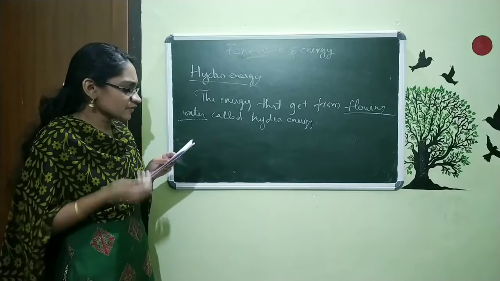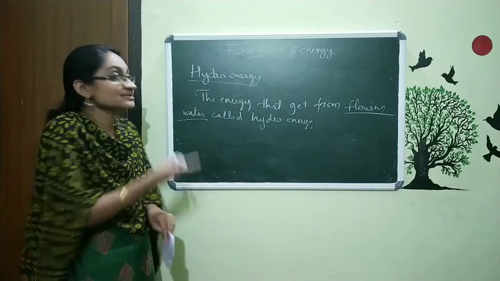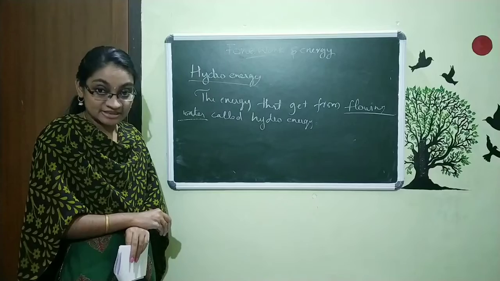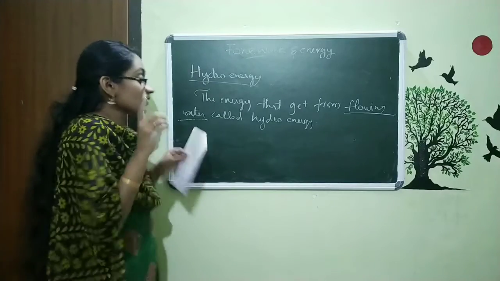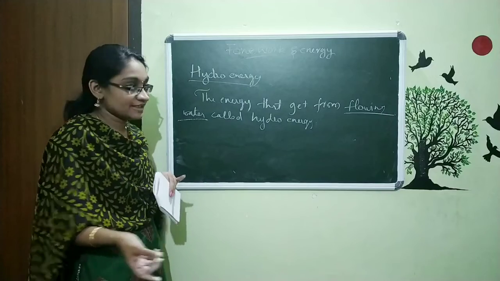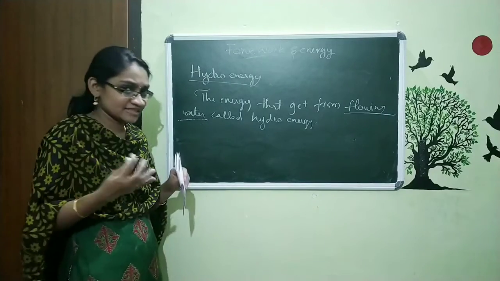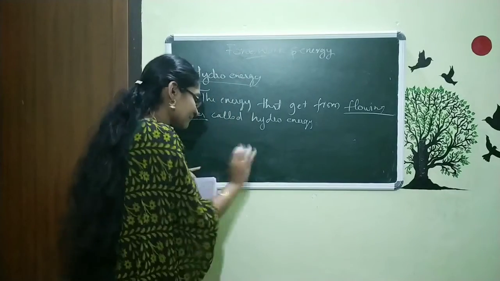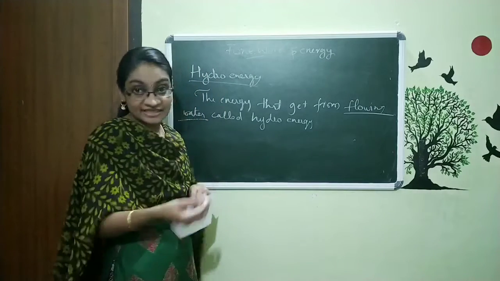We are utilizing this hydro energy to produce electricity in hydroelectric power stations. That means the electricity that we are producing in different types of power stations. Simply, you just want to understand it like this: there is one generator.